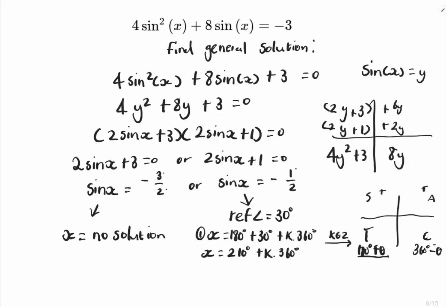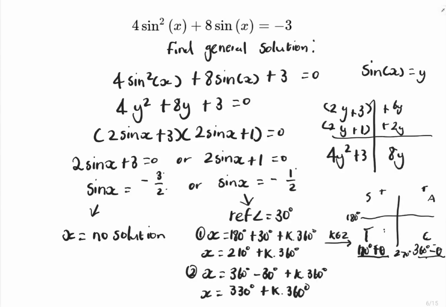And indeed, 210 is between 180 and 270, so it's in the tan quadrant, right? Cool. And then number 2, x is going to be 360 degrees, now we're using this form, 360 degrees minus 30 degrees plus k times 360 degrees, which is going to be 330 degrees plus k times 360 degrees, right?